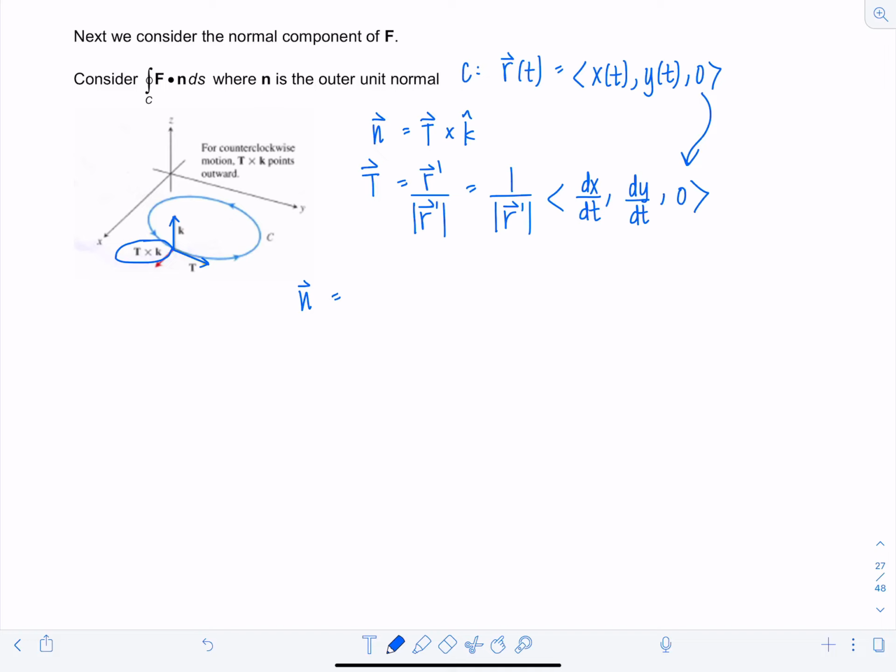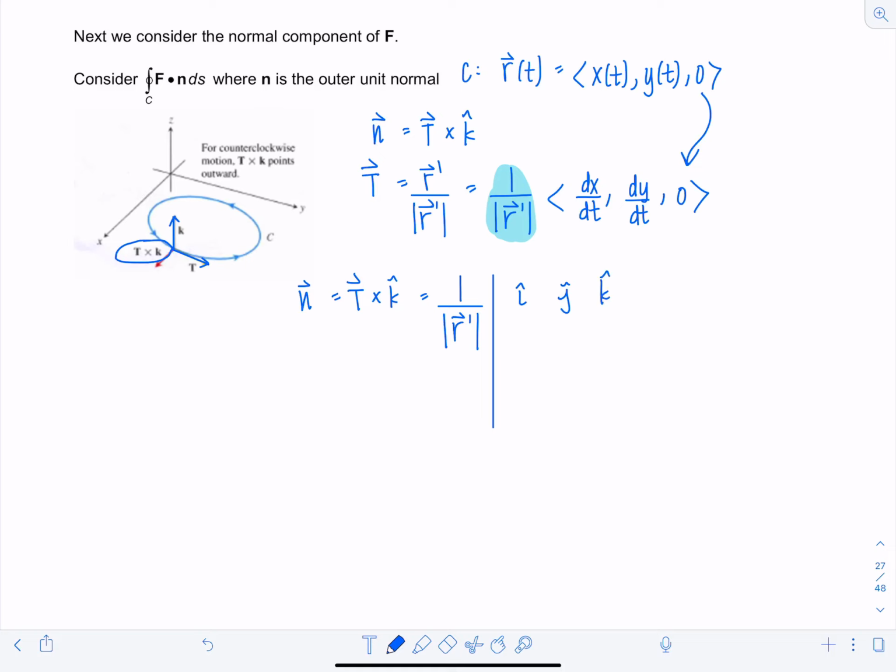So N would equal T crossed with k hat. Since 1 over magnitude of r prime is just a scalar, I'm going to pull it outside of the cross product and multiply at the end. So 1 over magnitude of r prime times, let's see here, we have i hat, j hat, k hat.